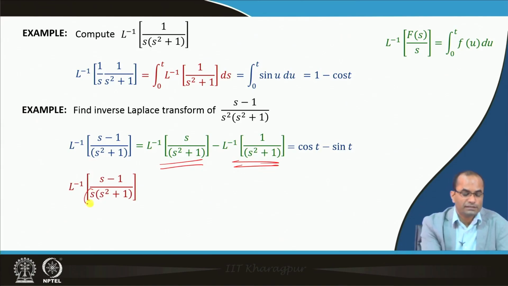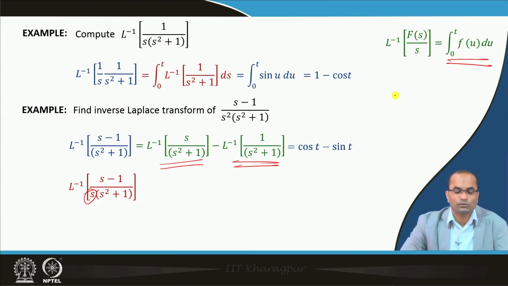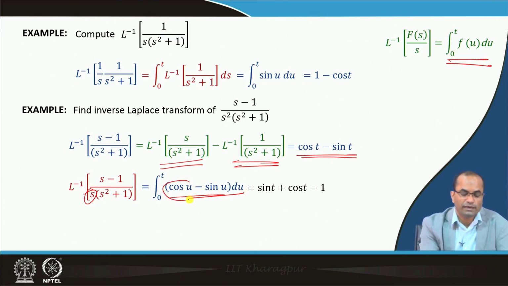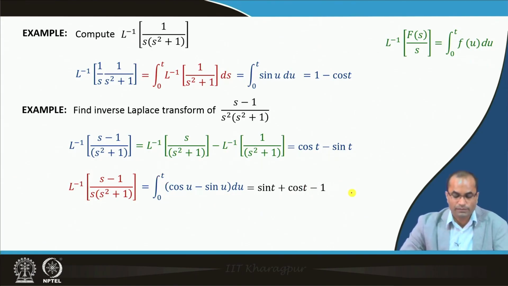So, if we just consider this 1 over s there, that means we have to integrate from 0 to t, that means 0 to t cos u minus sin u du. So, here the integral of cos will be sin t and of sin will be cos u. So, we have the sin t, and then cos 0 equal to 1 will also be coming there.